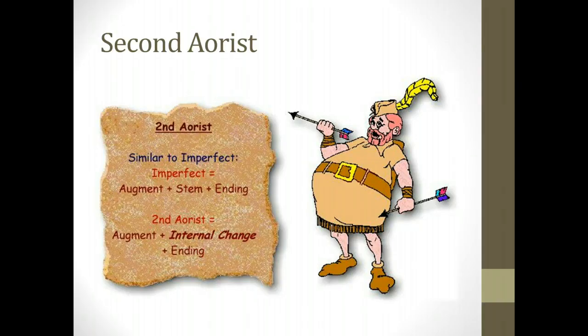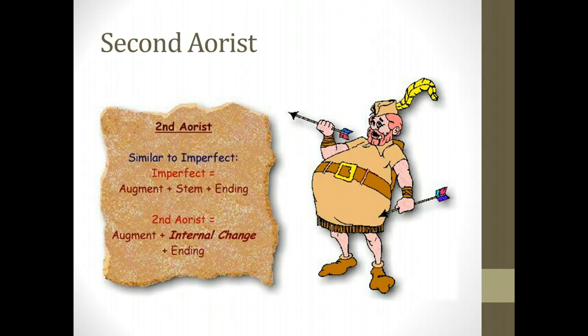And there's a couple of things about the second aorist that you want to know. First of all, similar to the imperfect, we're going to have an augment plus a stem and an ending. But rather than having a sigma suffix like we have in the first aorist, the second aorist does not have that. It's just a simple augment, a stem, and an ending.